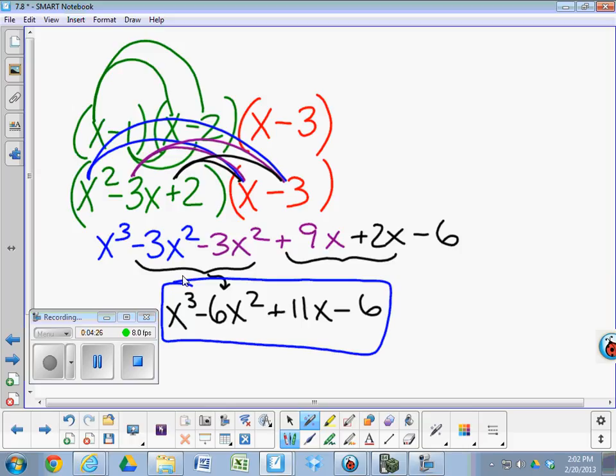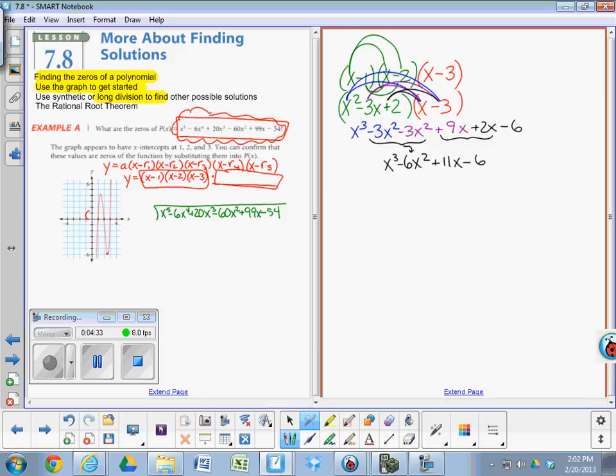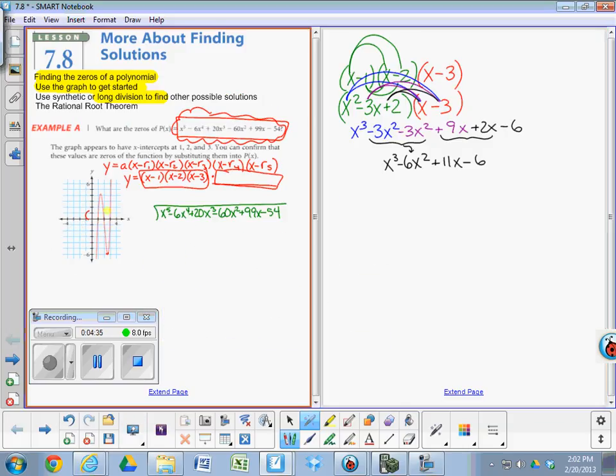So take x cubed minus 6x squared plus 11x minus 6 and put it out here. So we should have an x cubed minus 6x squared plus 11x minus 6.